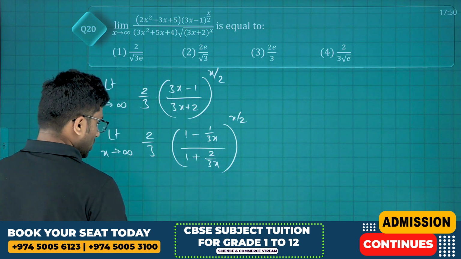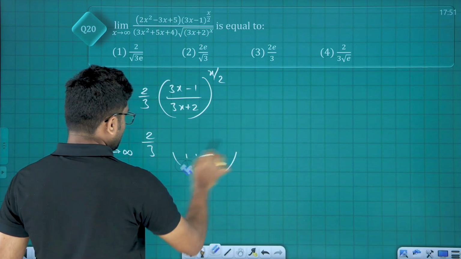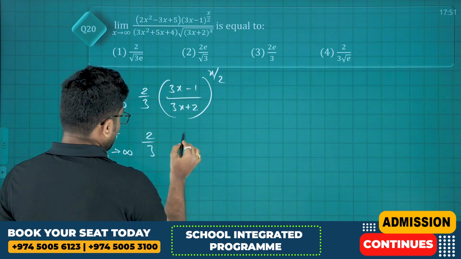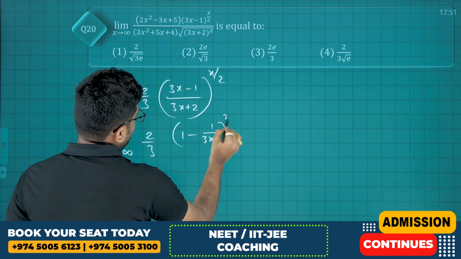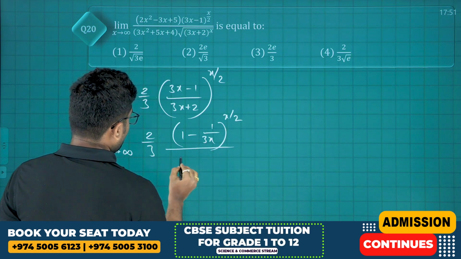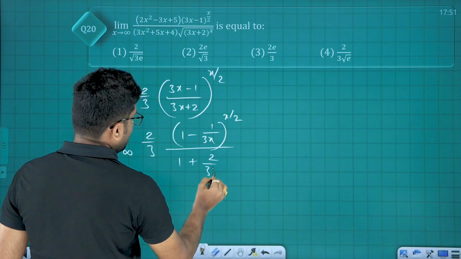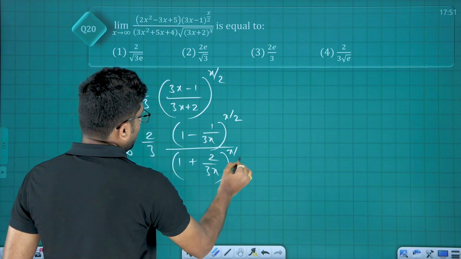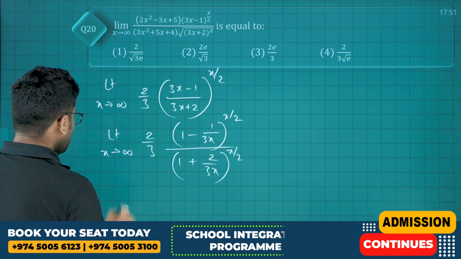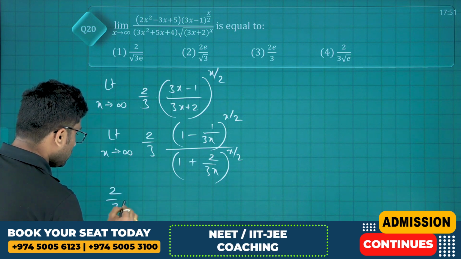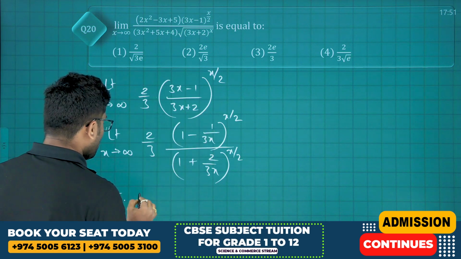Okay. We'll just try to split this: 1 minus 1 by 3x whole power x by 2 divided by 1 plus 2 by 3x whole power x by 2. I hope you understood, friends. We have taken 3x, cancelled. Limit, so 2 by 3 out. So e power model, no? What is the e power model?